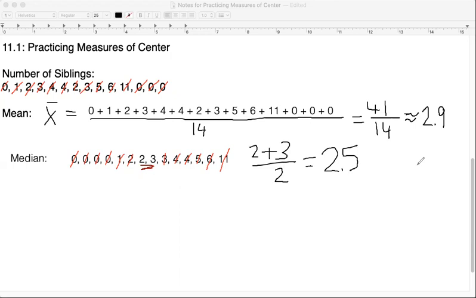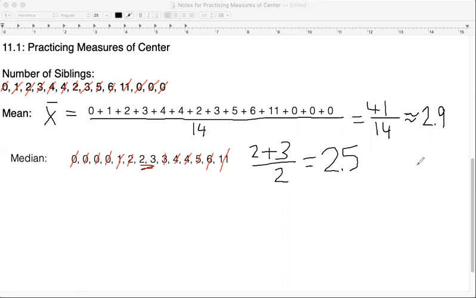You need to average the middle values when you have an even data set. So if you have an even number of numbers in your data set, you're going to have to end up averaging. Sometimes you don't really even have to do an average. For example, if we had had an extra 2 in this data set instead of that 3, our middle two numbers would have been 2 and 2, in which case the average is just 2.